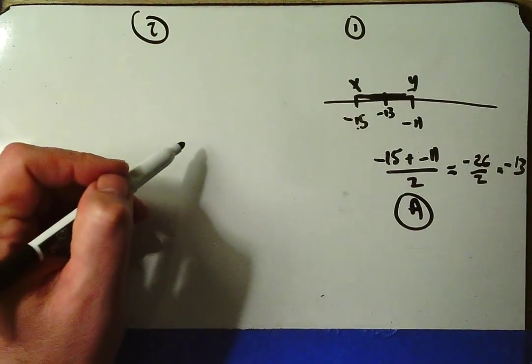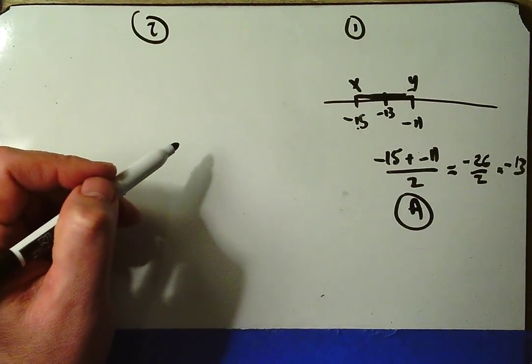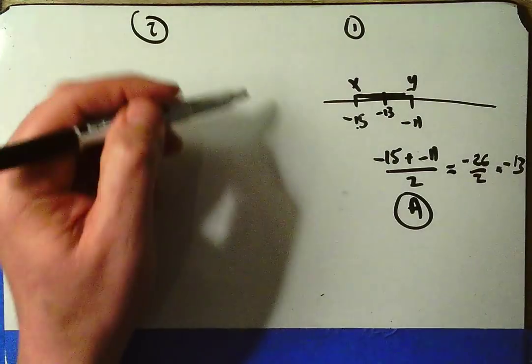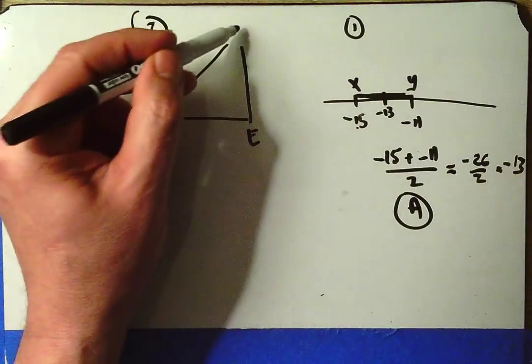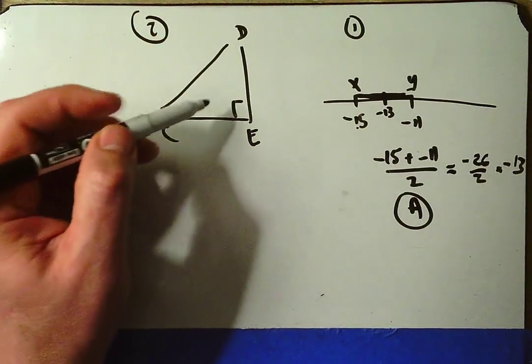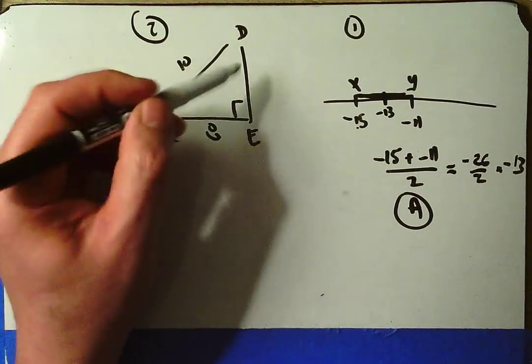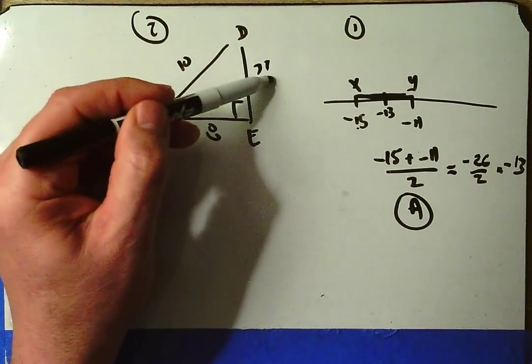2. Given the triangle CDE with a right angle at point E, with a right angle, 8, 10, what is the length of DE?